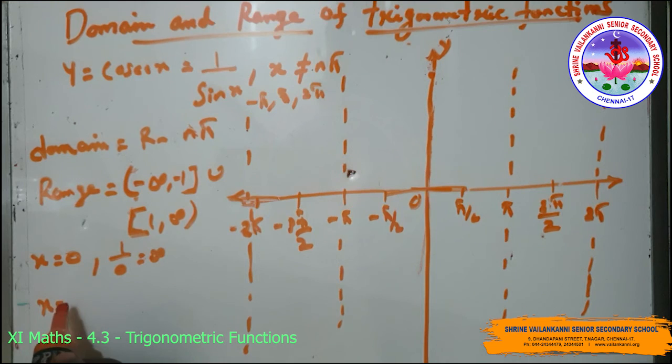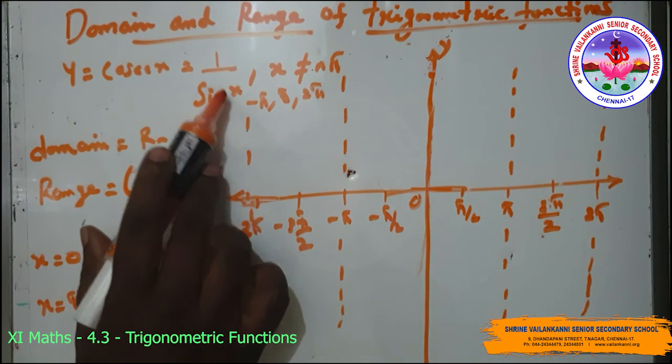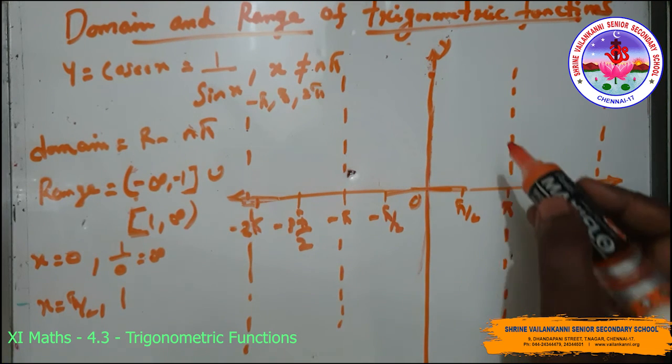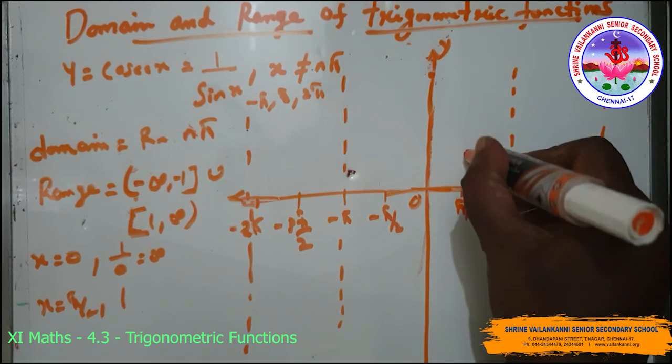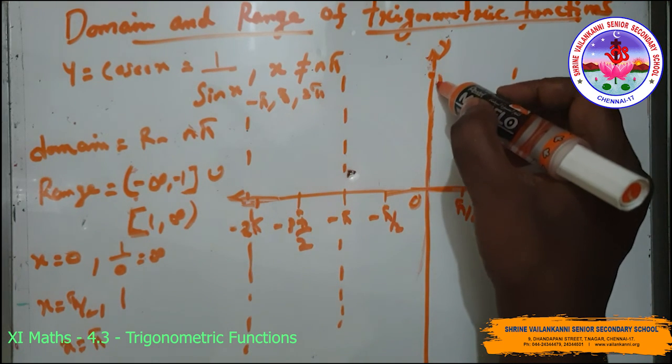Then when x is pi by 2, sin pi by 2 is 1, so 1 by 1 is 1. So when x is pi by 2, the value is 1. And again when x is pi, sin pi is 0, then again it is 1 by 0, which is infinity. So we can draw this graph like this.